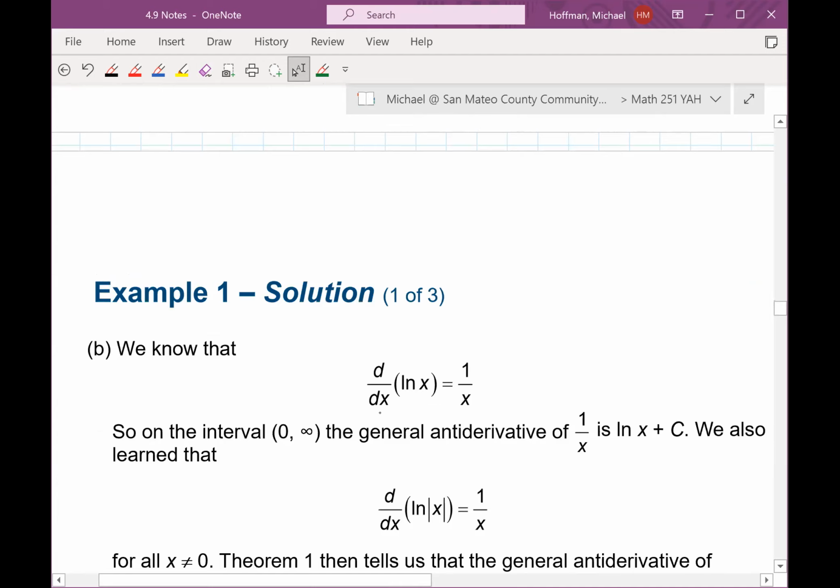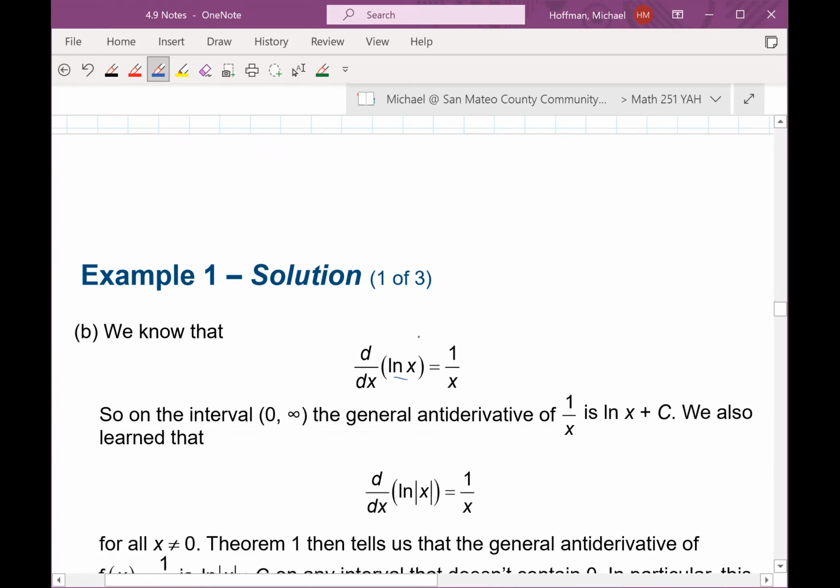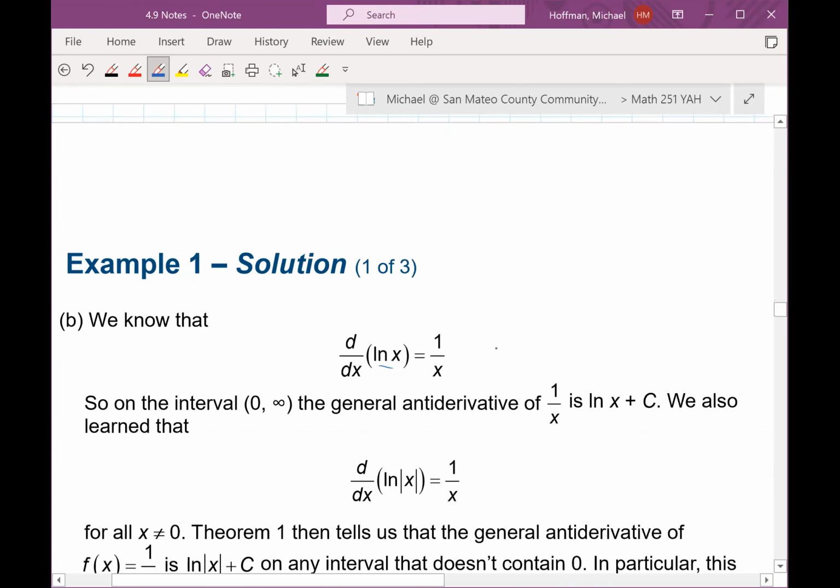Here we remember that the derivative of natural log of x is equal to 1 over x. And this is true only for, remember, the domain of the natural log function, which is x strictly greater than 0. But if we're going in the opposite direction, right, 1 over x is defined everywhere except at 0.